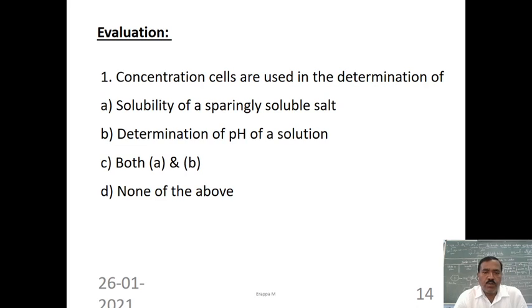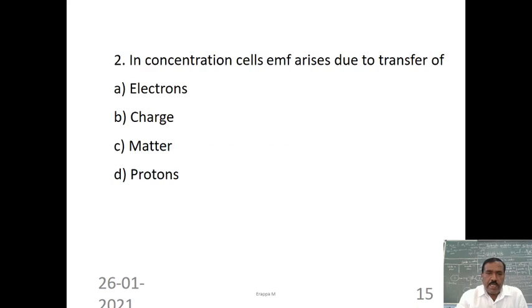C is both A and B, D is none of the above. For this question, the answer is A, solubility of a sparingly soluble salt. By means of concentration cells, you can easily determine the solubility, so the answer is A.